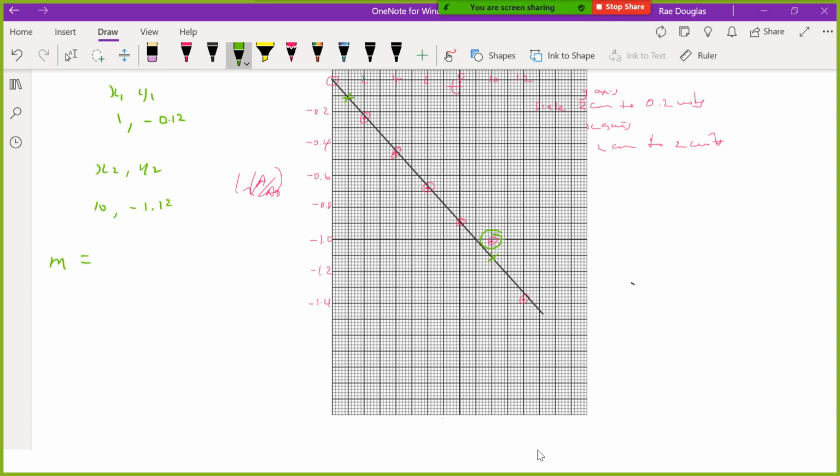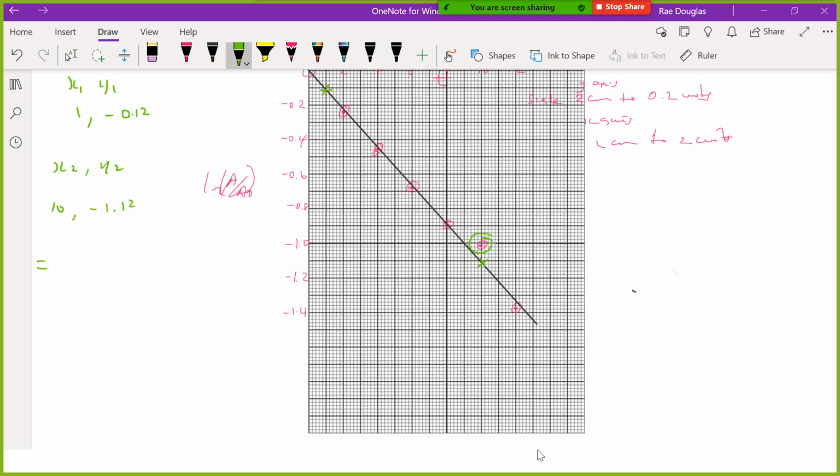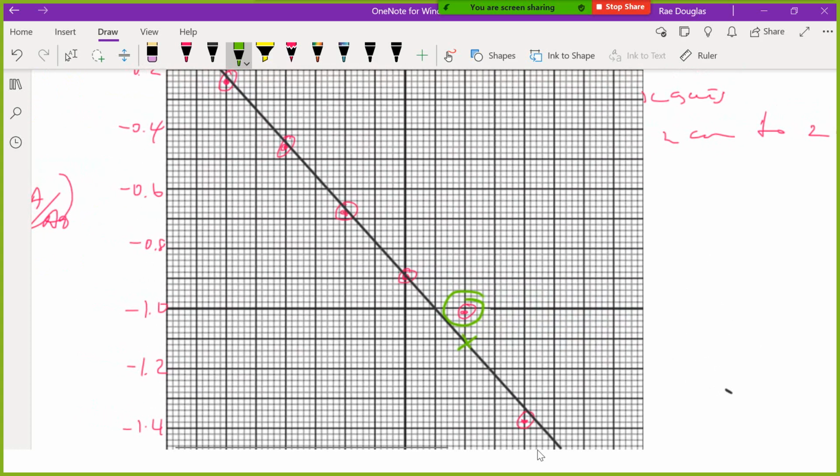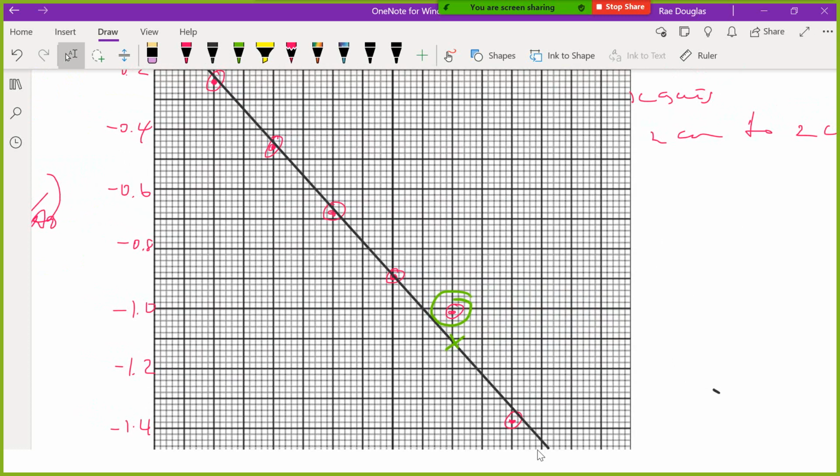Technically, whenever you're finding gradient, it has to come from the line. However, it should not be the points that you plotted initially, because not all of my points pass through the line. As you can see, only a scratch of them really pass through.